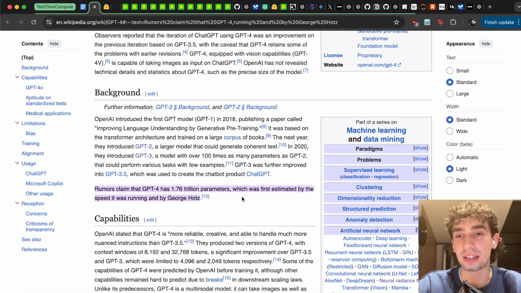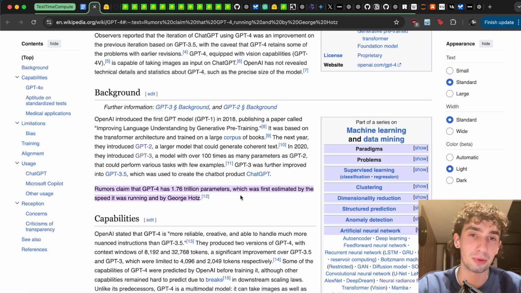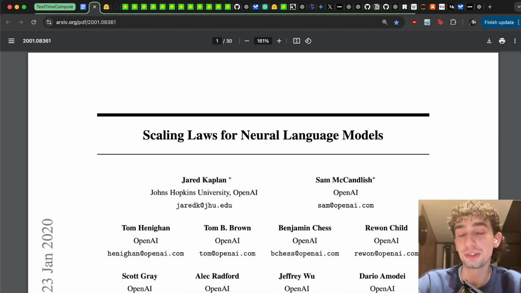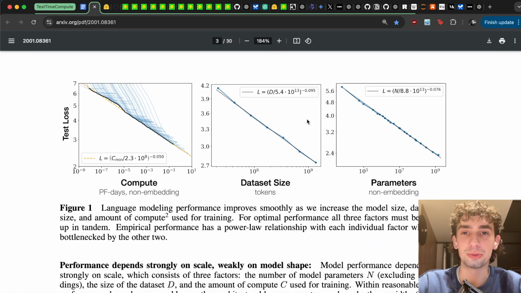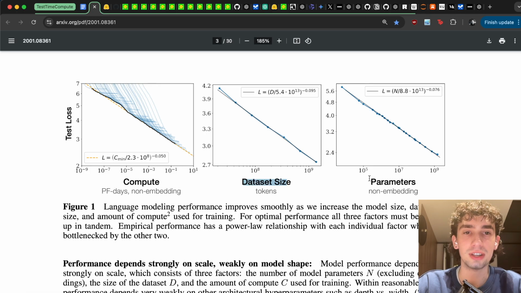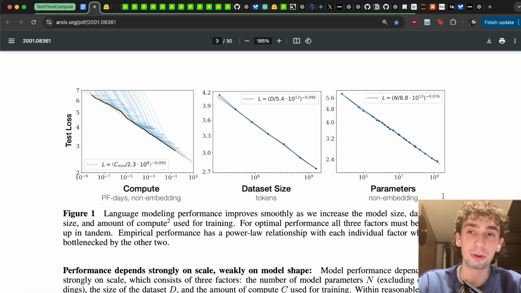But the point stands that as we scaled up the amount of data and the amount of parameters, we clearly saw increased performance. And this trend was so clear that OpenAI themselves back in 2020 released the paper Scaling Laws for Neural Language Models, which essentially tracked that as we increase compute, data size, and parameters, the performance we're able to gain and the quality of models we're able to train tends to increase.